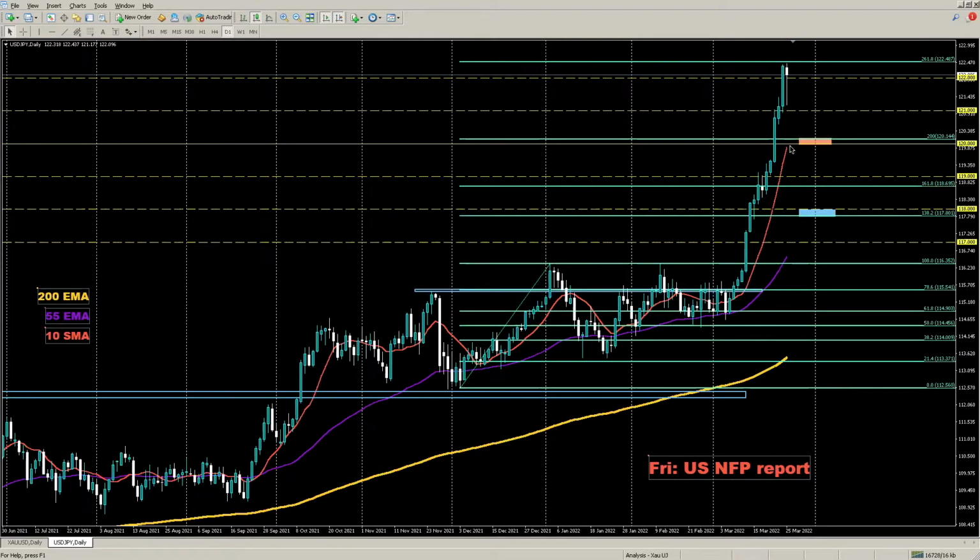Okay, so this resistance at the 120 round figure did not last very long. It shot through it on Tuesday and almost reached the 262 by Thursday. So now that it's going to be our current resistance.